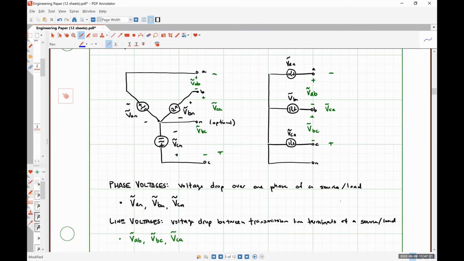So I will have phase currents IAN, IBN, and ICN, like so.